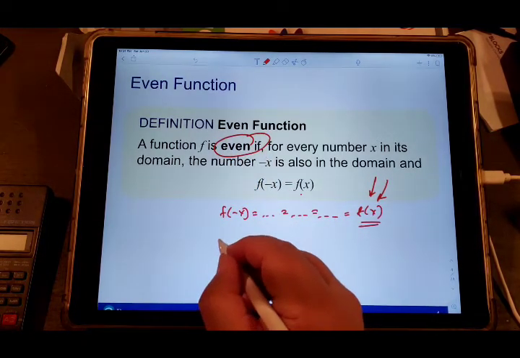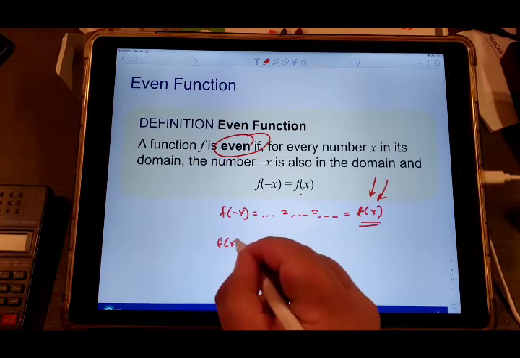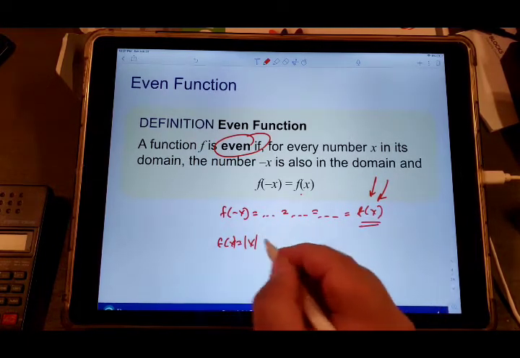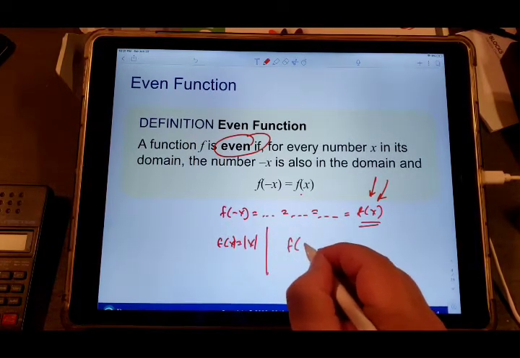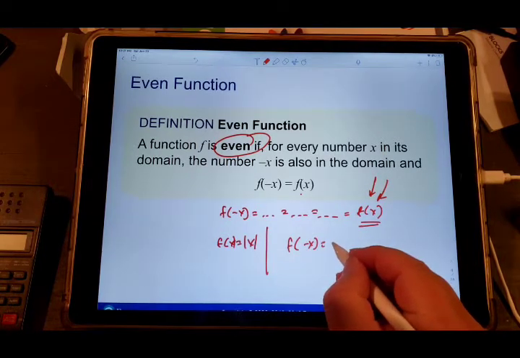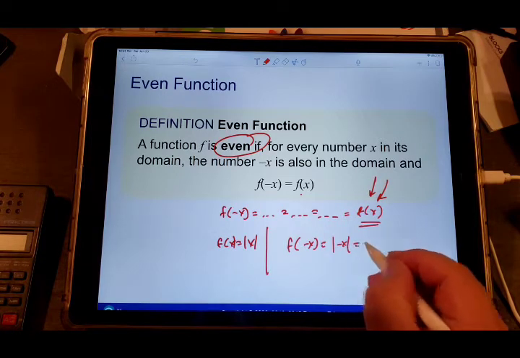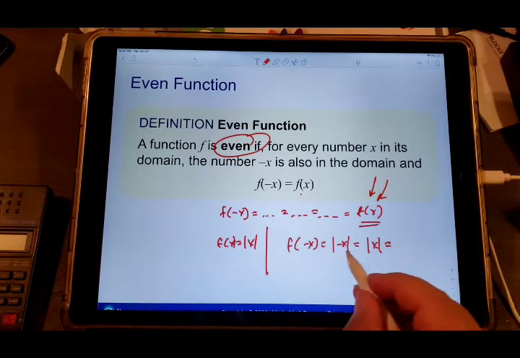So for example, if the function were absolute value of x, let's run the test. f of minus x would be the absolute value of minus x, but that's the same as the absolute value of x.